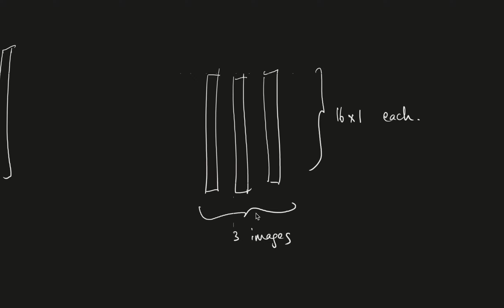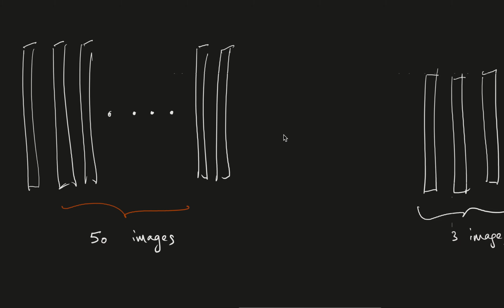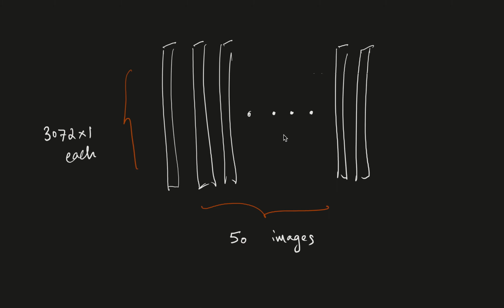The columns are now representing the number of images, and the rows contain the pixel values. The dataset that we are going to look into today is going to have 50 images. So essentially we will be looking at 50 columns, and each column would have 3072 rows. So that means our dataset has 50 32 by 32 colored images.